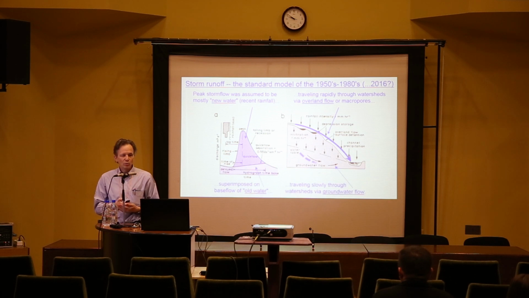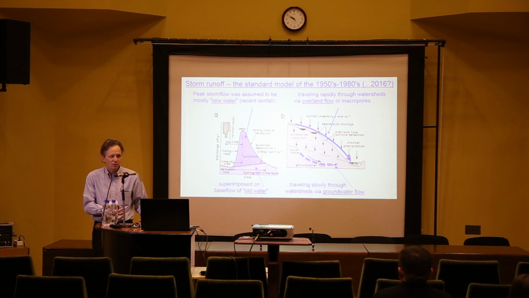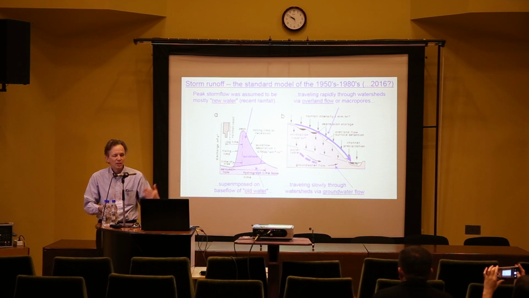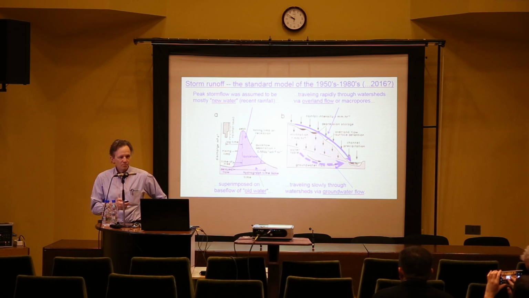And this stream flow was assumed to be superimposed on a slowly varying old water or base flow from previous storms that reached the stream slowly via groundwater flow paths.